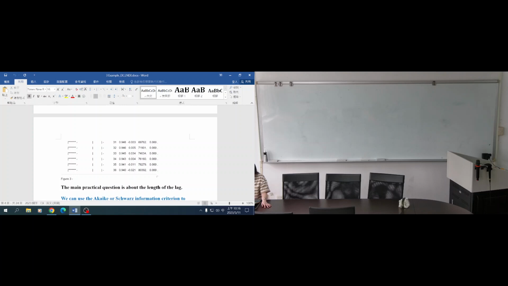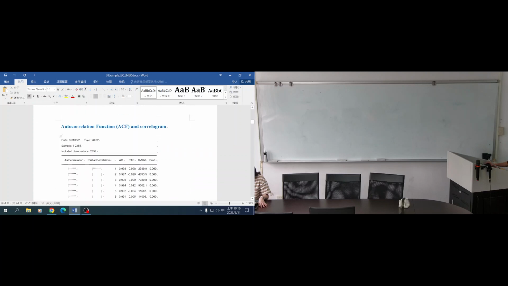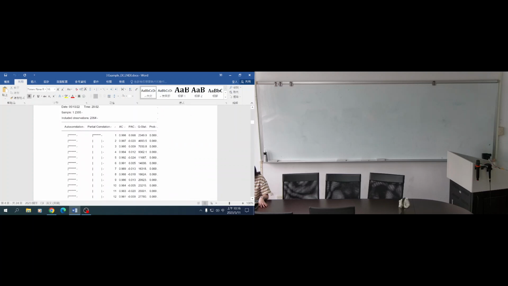Okay, and another way to see this is to look at partial autocorrelations. Look at this one. By the way, the hypothesis testing for the autocorrelations is done by this Q statistic, and the probability is this.